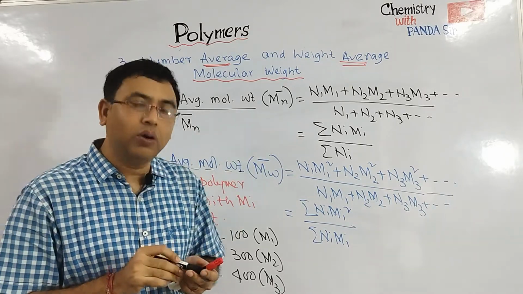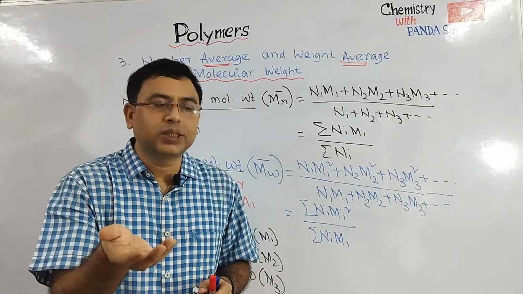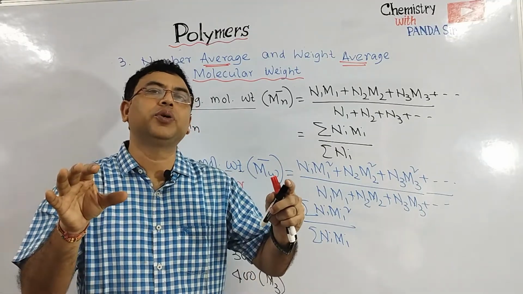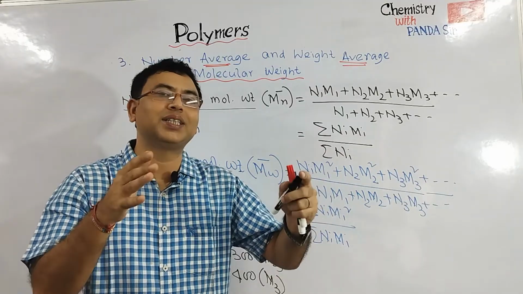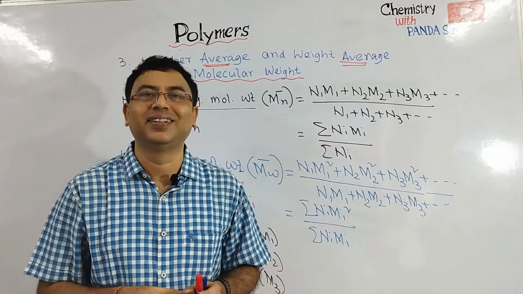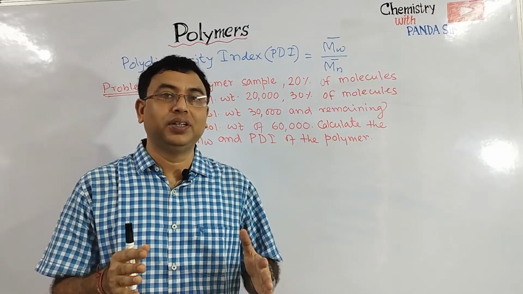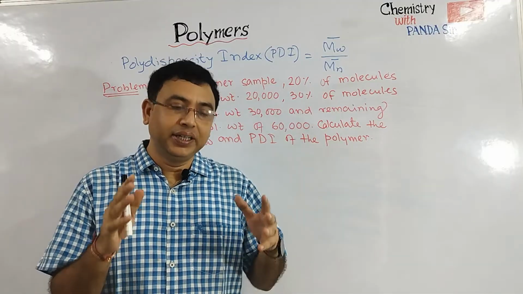Okay, so now let us go quickly to one more parameter, known as the Polydispersity Index, and then we will have a quick numerical.